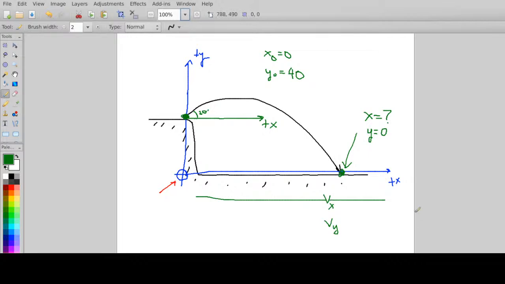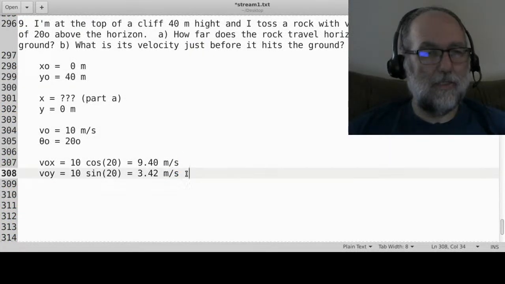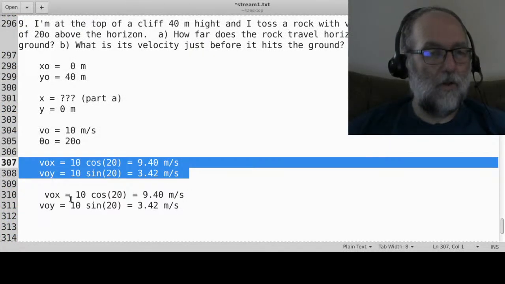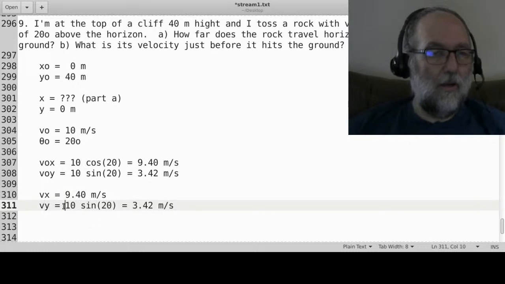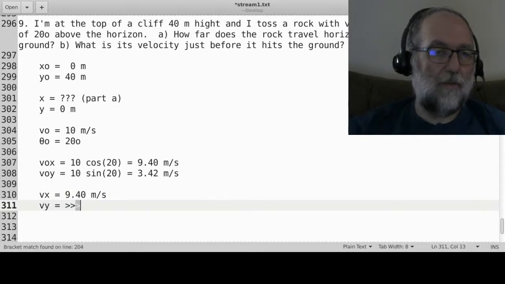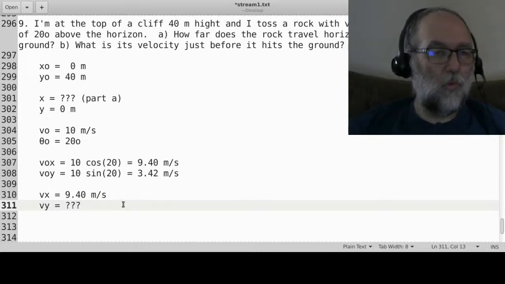The reason it doesn't change is because there's no acceleration in the x direction, so the x component of the velocity neither increases nor decreases. The y component changes, but the x component of the final velocity is the same as the x component up here. So I'm just stealing these numbers here. For the final y, we don't know.